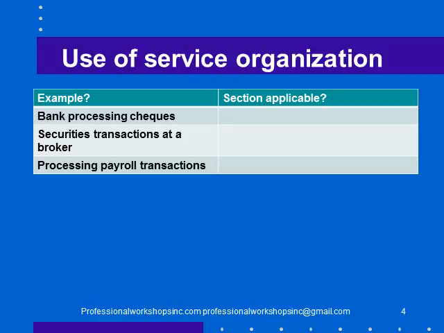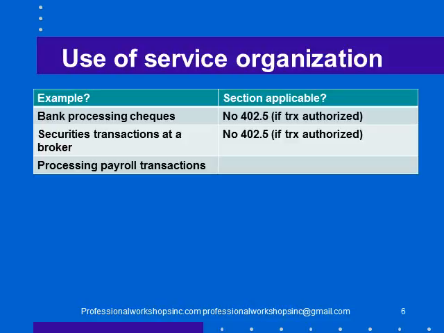So is the section applicable? And the answer is no, and 402.5 says no, it's not applicable as long as the transaction is authorized. Similar example, securities transactions processed at a securities broker, and again the answer is going to be no. If the transaction is authorized, it doesn't count.